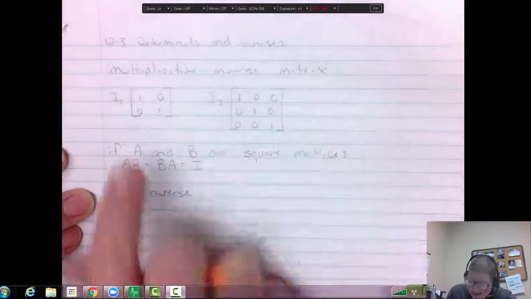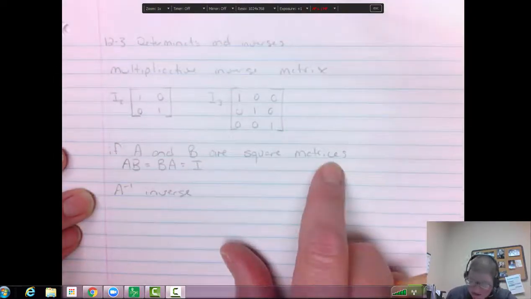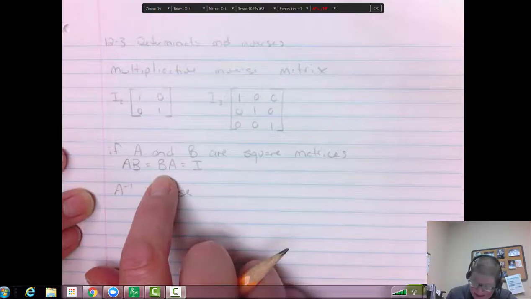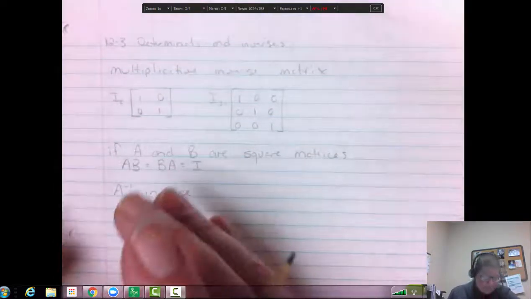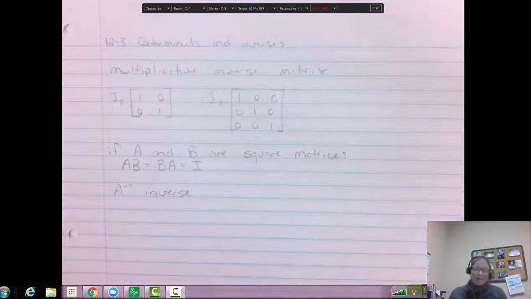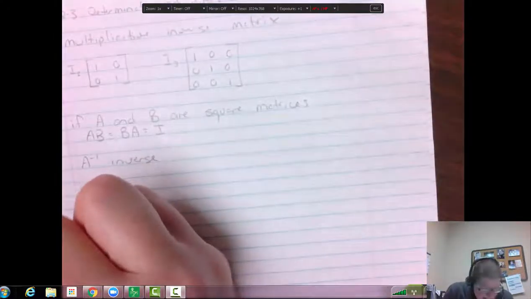So what we're saying is if A and B are square matrices, A times B and B times A has to equal one of these. We're going to use that idea to decide whether or not things are inverses, so we have to do matrix multiplication, which takes a little longer, to determine whether two things are inverses of each other.